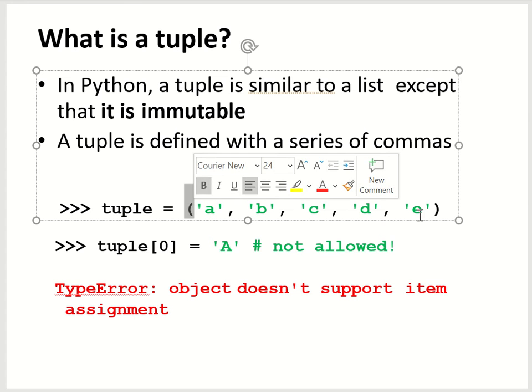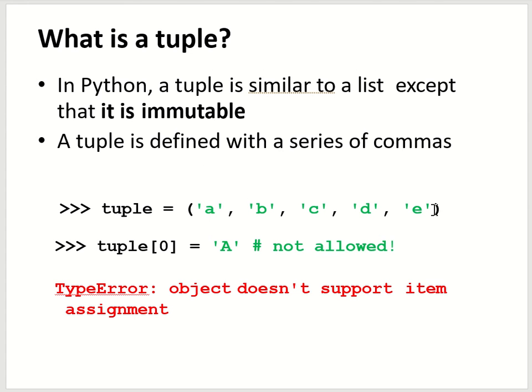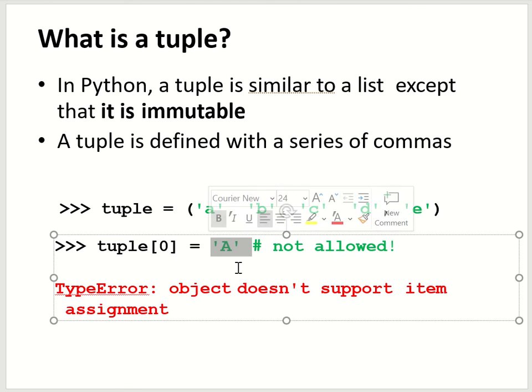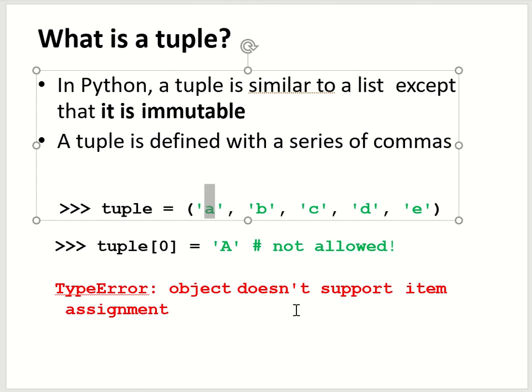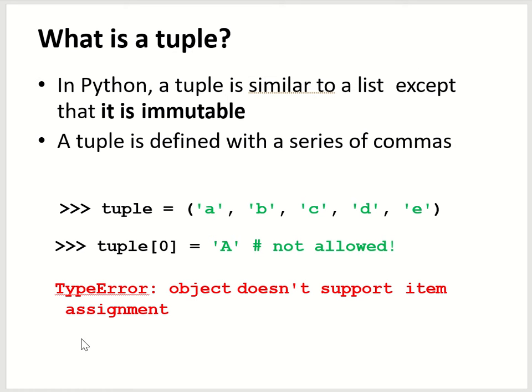Often you'll see rounded parentheses enclosing those. So tuple equals a sequence of 5 single character letters, A, B, C, D, E, enclosed in parentheses separated by commas. If you tried to assign a capital A value to this 0 index position, it would throw an error because tuples are, by design, immutable.